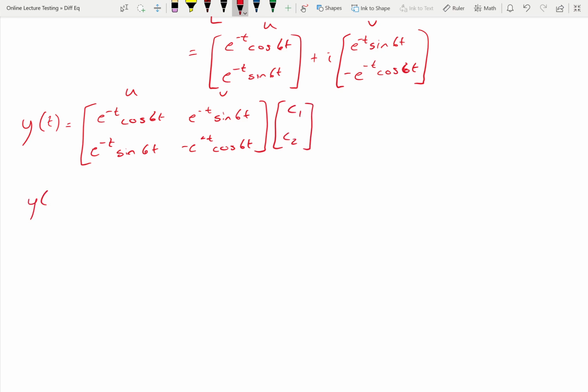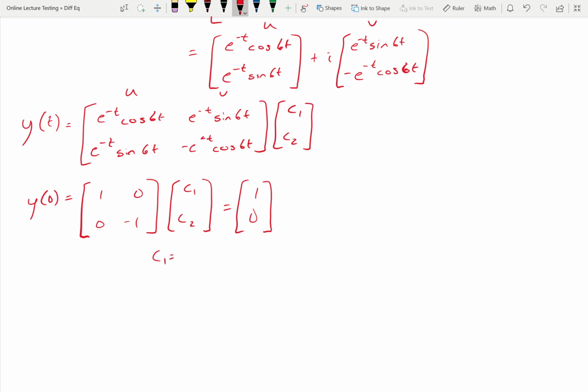Now when we look at our initial value problem, I'm going to plug in t is equal to 0, so we're going to get the matrix (1, 0; 0, -1) times (c1, c2), and this is going to be equal to our initial value point of (1, 0).